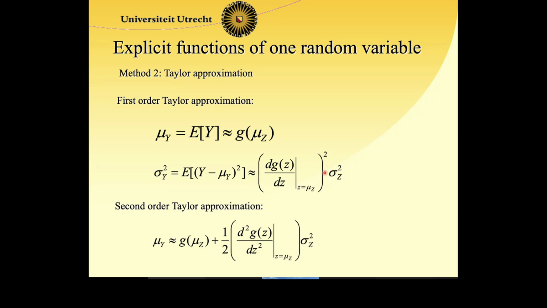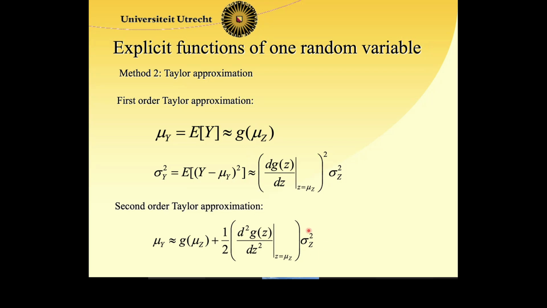And what you can see here is what I actually said in the first lecture, that if you have an uncertain input and the function is nonlinear, the estimate of the mean of the output is not necessarily the same as plugging the mean of the input into the nonlinear function.